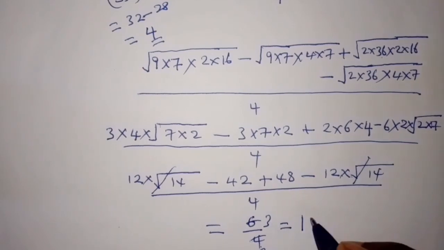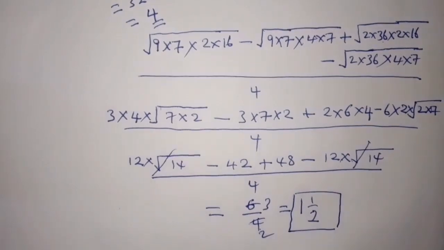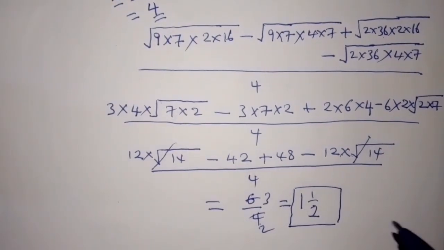So it is giving us 1 and 1 over 2. So this is our final answer.